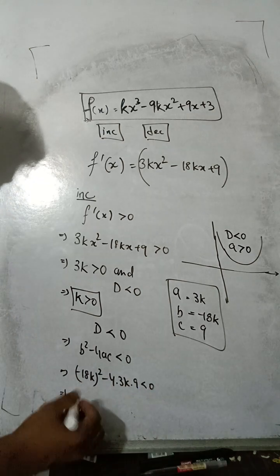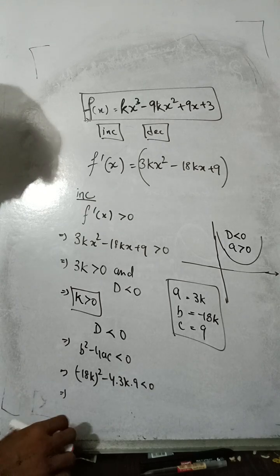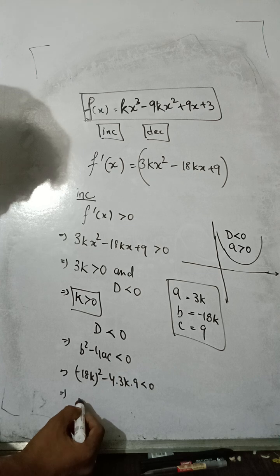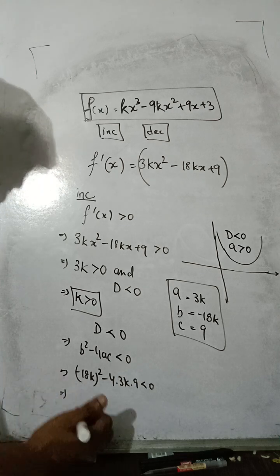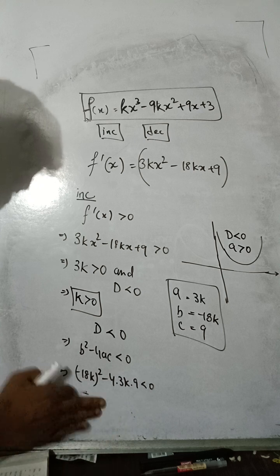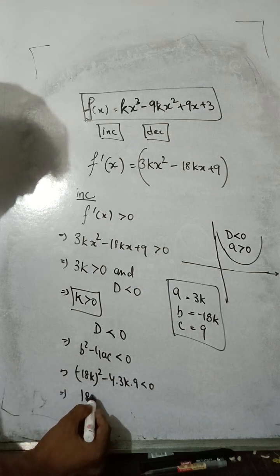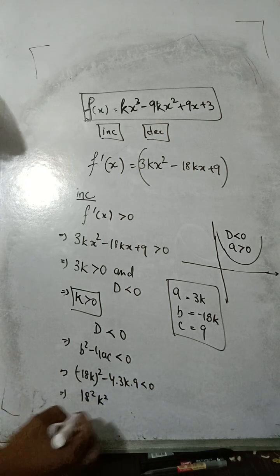This means what? 18 squared k squared. The minus will not remain because minus gets squared, it becomes positive.